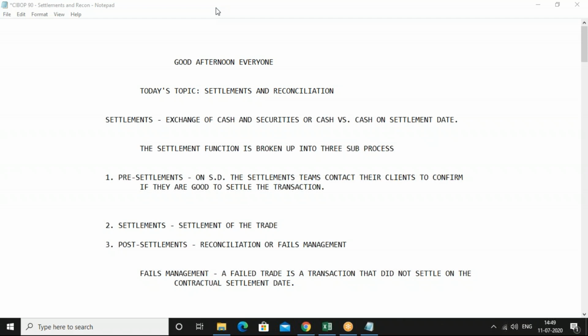Fails management is finding out why the trade did not settle, and then ensuring that the trade settles. That is the idea of what settlements does. Is this clear with everyone? Yes. No.